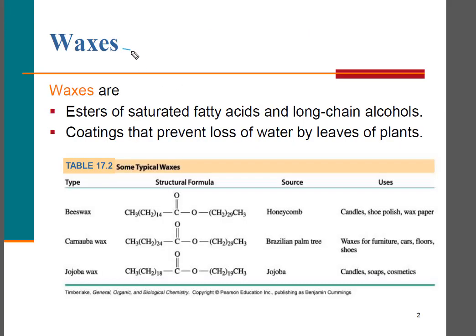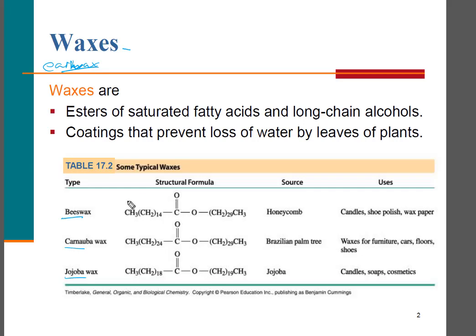Okay, waxes. What we're talking about here, right? There's beeswax, carnauba wax, jojoba wax. You could also put in here, earwax. Right. So what these waxes are is essentially we've got a long chain. This is 14 CH2, so 1 plus 14 is 15, 16 carbons long.